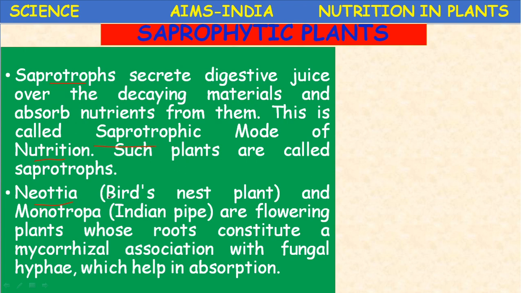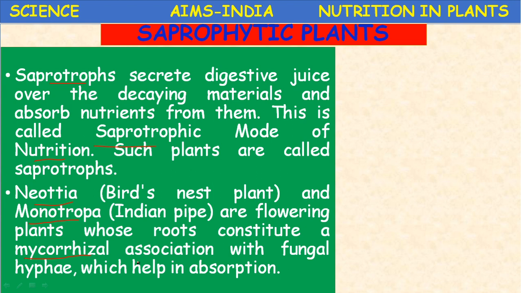This is the scientific name. The common name is bird's nest plant. And Monotropa, it is commonly called Indian pipe. These are flowering plants whose roots constitute a mycorrhizal association with fungal hyphae, which help in absorption.